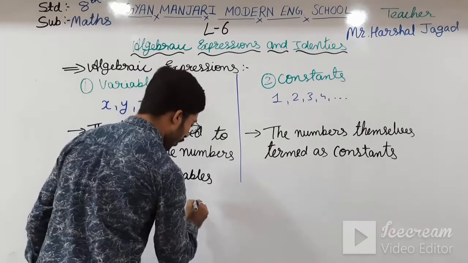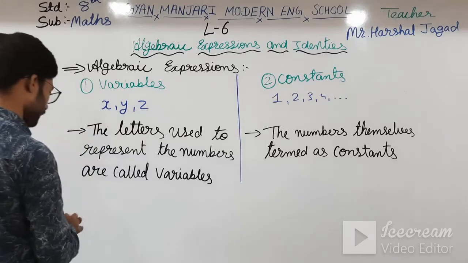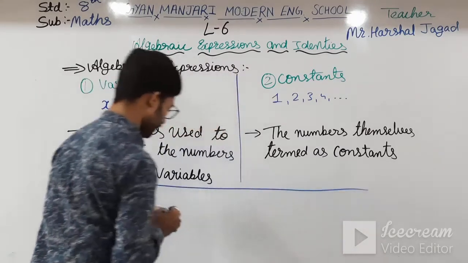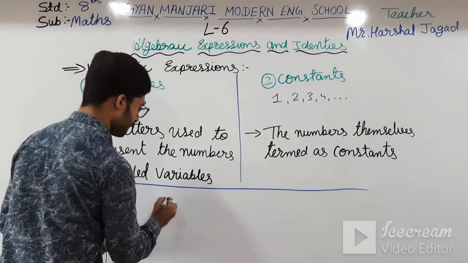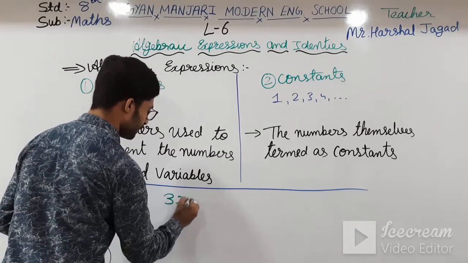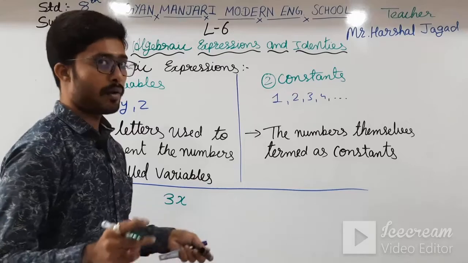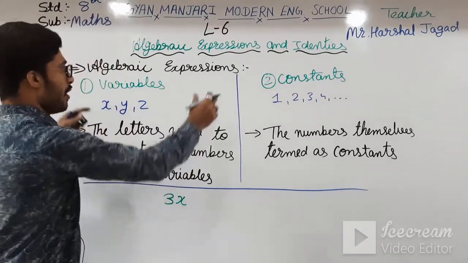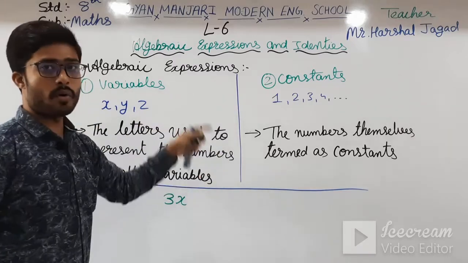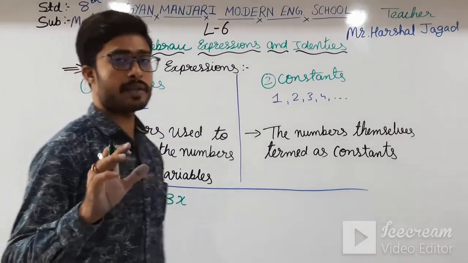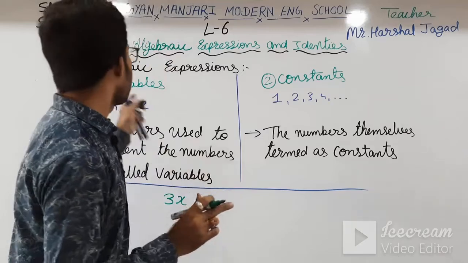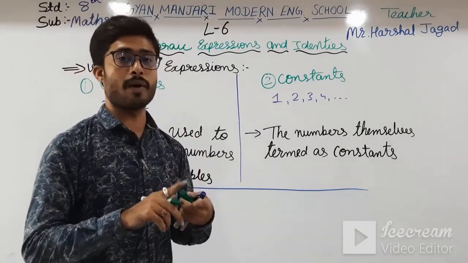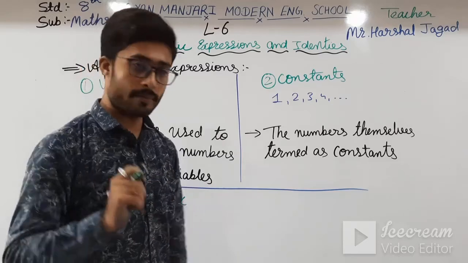So if we take 3x, this is an algebraic expression, where variable and constant both are there. An algebraic expression is an expression in which variables and constants are in the form of addition, multiplication, division or subtraction.